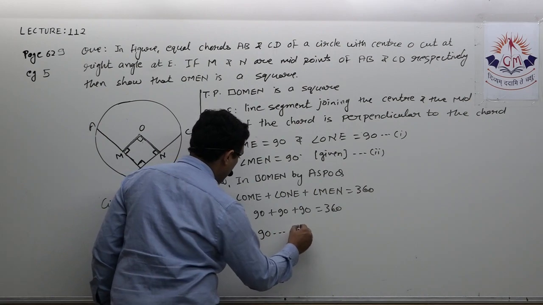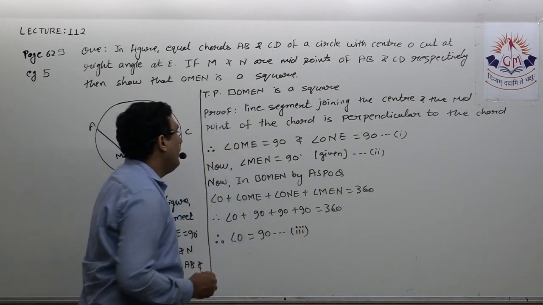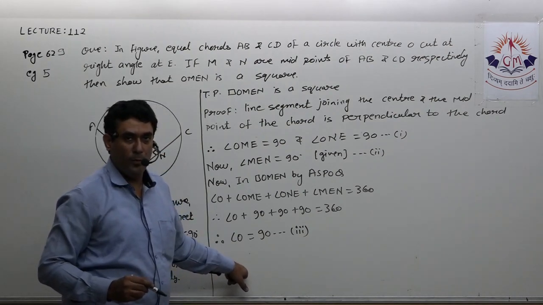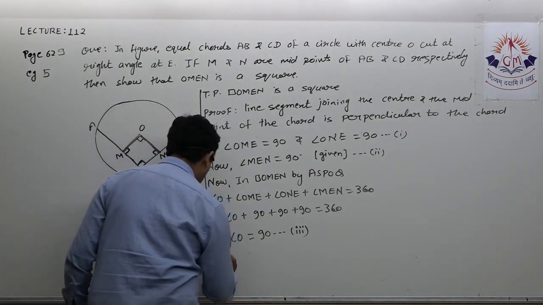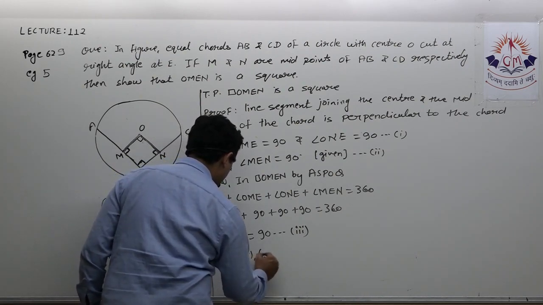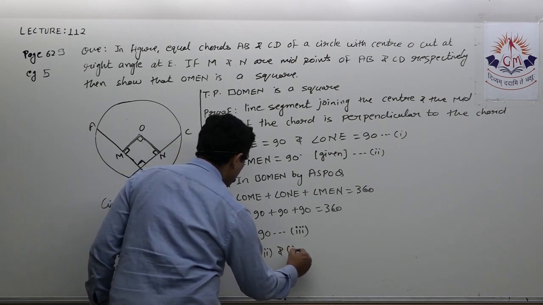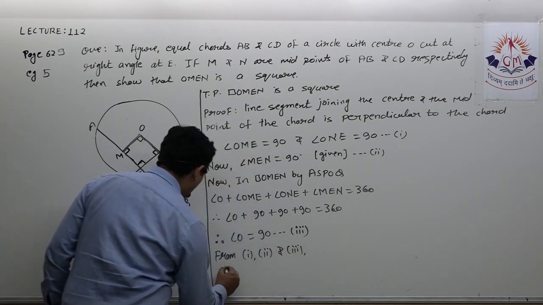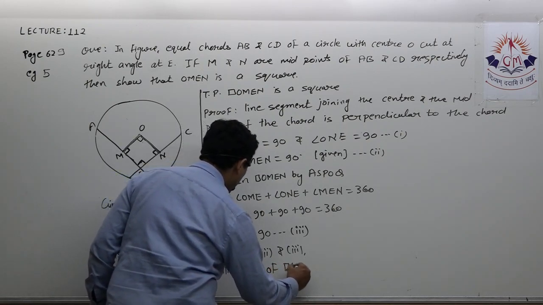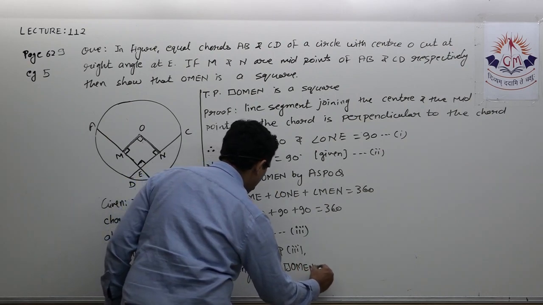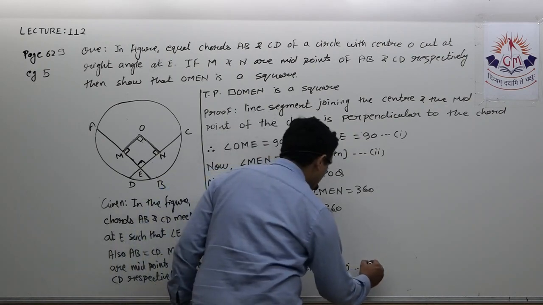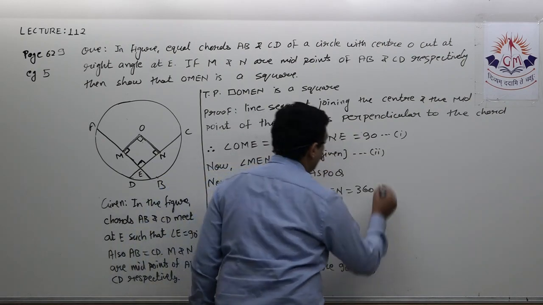Let it be equation number 3. So from first, second and third, all angles of quadrilateral OMEN are 90 degree.